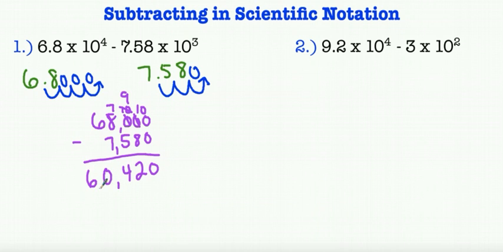And after we subtracted, we're going to convert this back into scientific notation. I'm going to put my decimal between the 6 and the 0. And that becomes 6.042 times 10 to the power of 4.